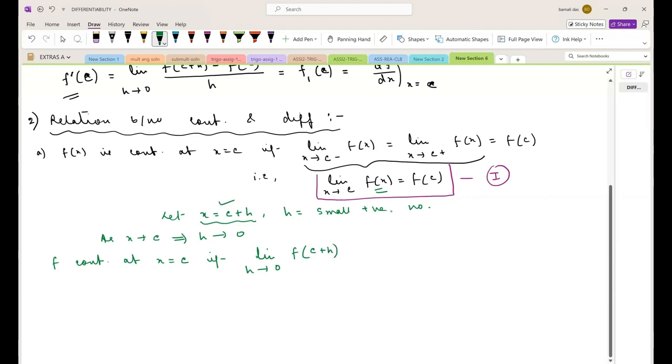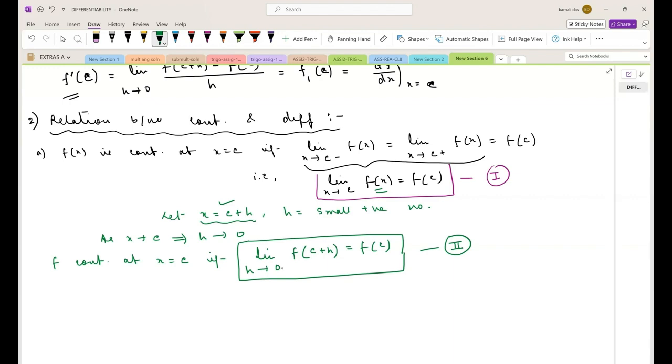So actually 1 and 2 are equivalent definitions of continuity. Both mean the same. Now why did I do the second definition? The first one is enough for doing sums and all that. I did the second one because it is going to help me when I do the next portion.